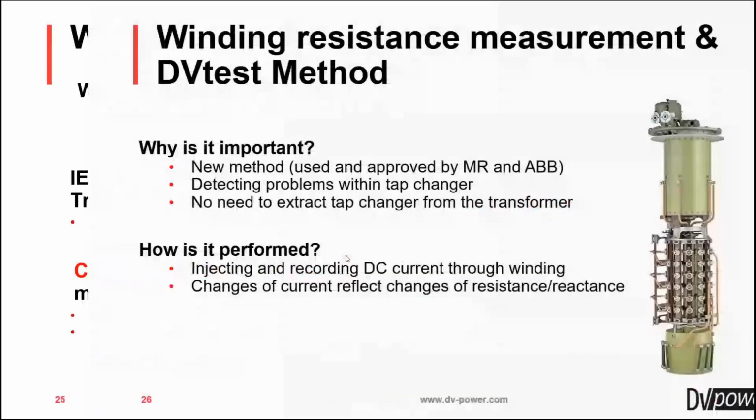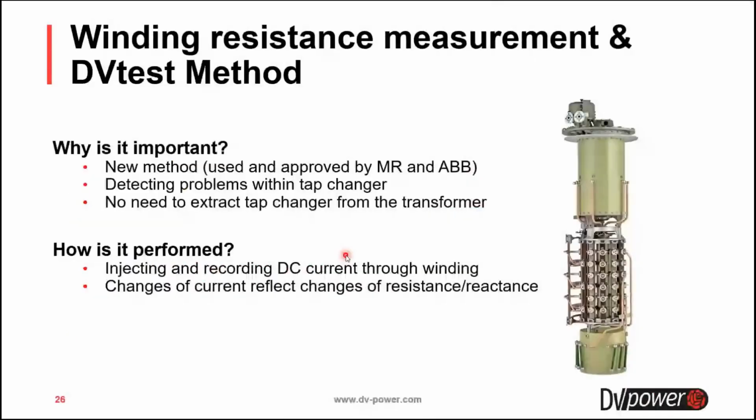I need to tell you something else. With our instruments, we mainly do winding resistance measurement, but our complementary method is the DV test method, dynamic resistance measurement. Why is it important?